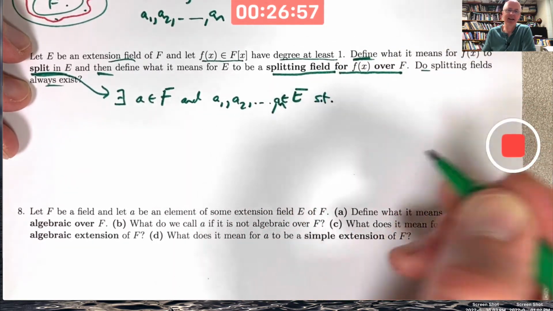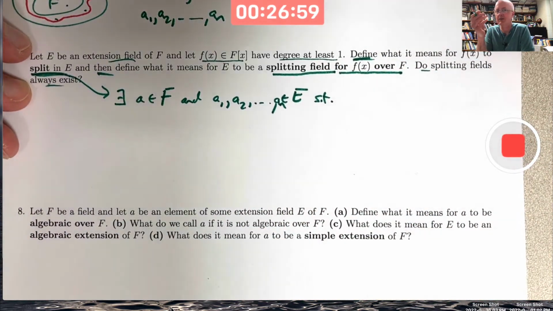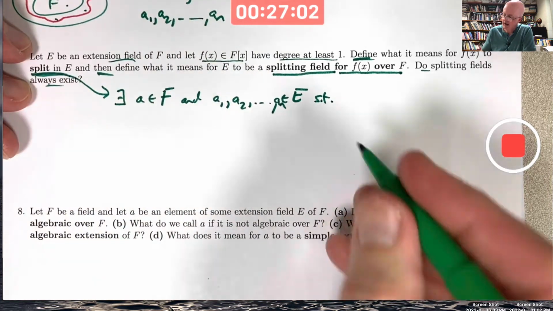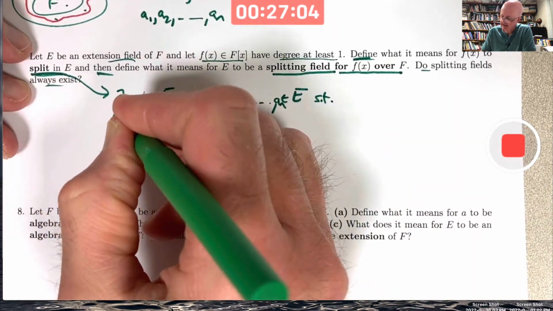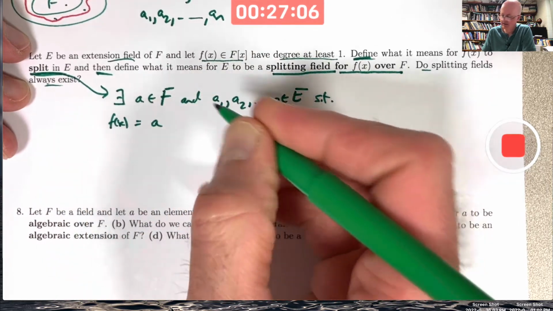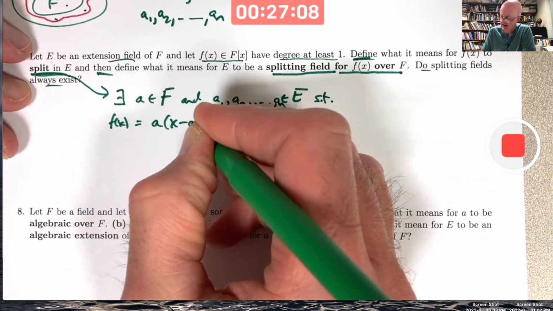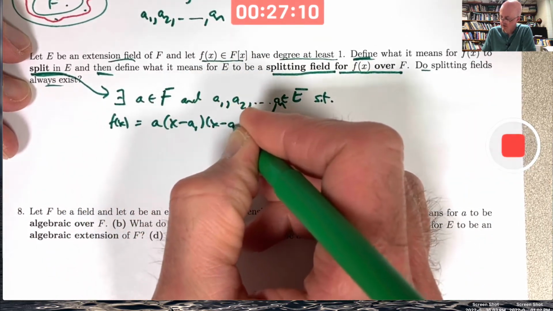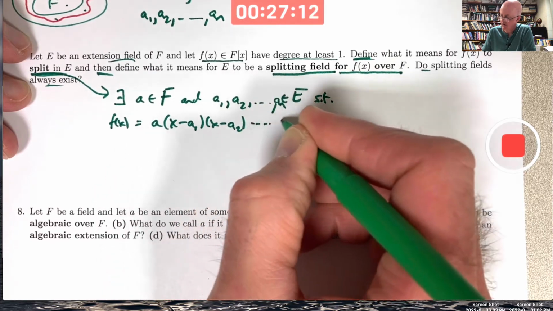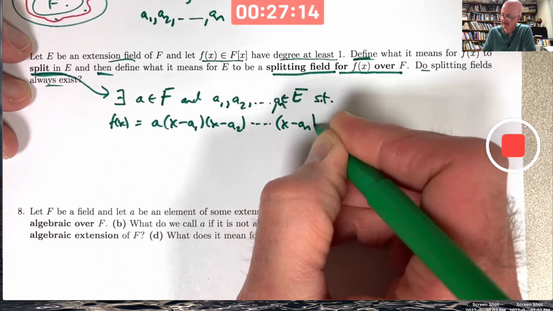Such that f of x is factorable in the following way. f of x can be factored as a times x minus a1 times x minus a2 through x minus an.